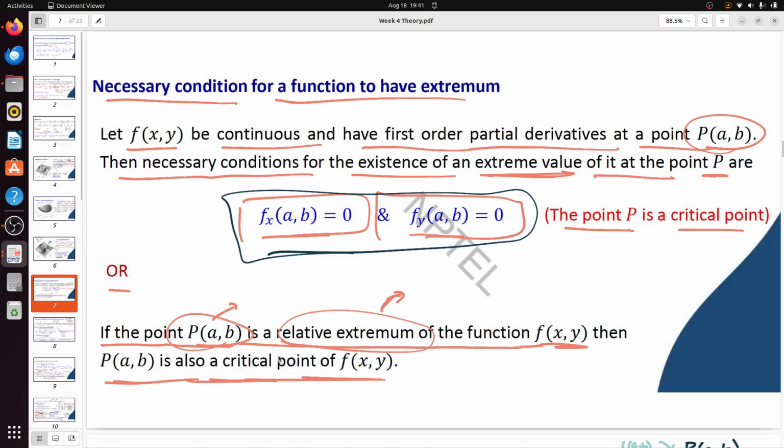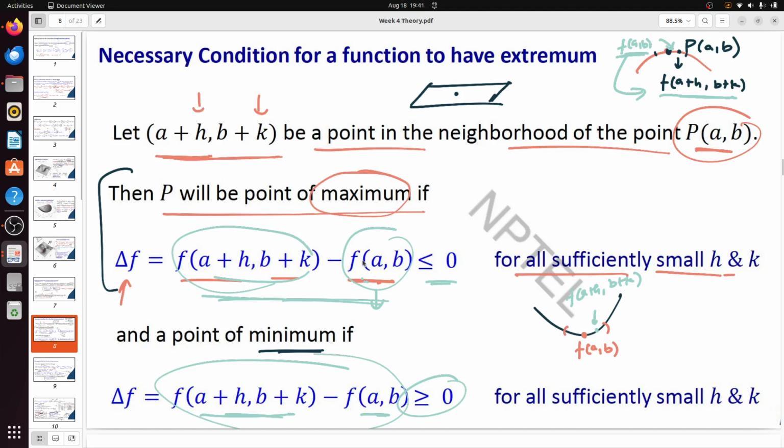If the point P(a,b) is a relative extremum of the function f(x,y), then P(a,b) is also called a critical point of f(x,y). So this is actually our requirement formula. Whenever we are given this problem, you want to get this.